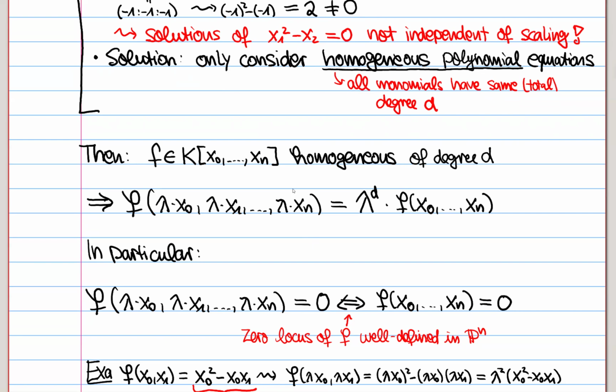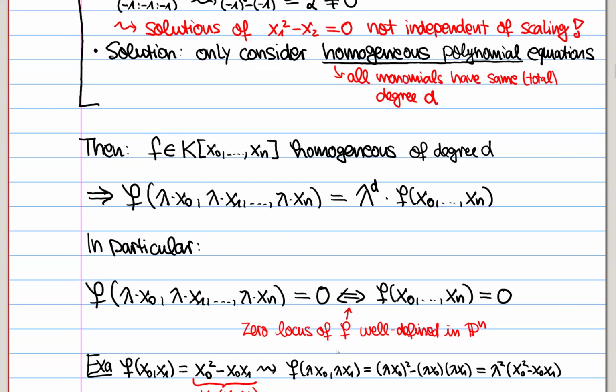In particular, looking at this equation, f at the scaled point is 0 if and only if f at the original point was 0, because lambda is assumed to be a non-zero element of K. And so this equivalence tells you that the zero locus of this homogeneous polynomial is well defined in projective space.